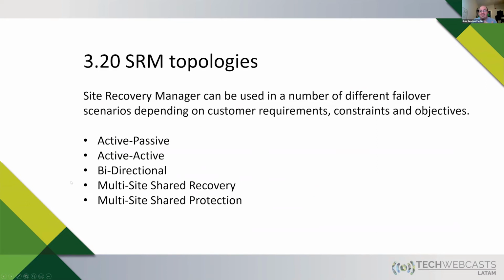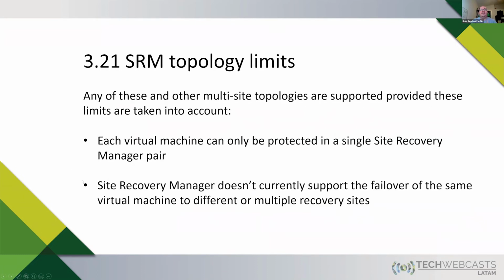All right, now we're going to talk about some Site Recovery Manager topologies: active-passive, active-active, bidirectional, multi-site, shared recovery, and shared protection. Most of these are very simple to understand. You can do things that are different from what I'm going to show, as long as you take into account these two rules. Each virtual machine can only be protected by one Site Recovery Manager pair.